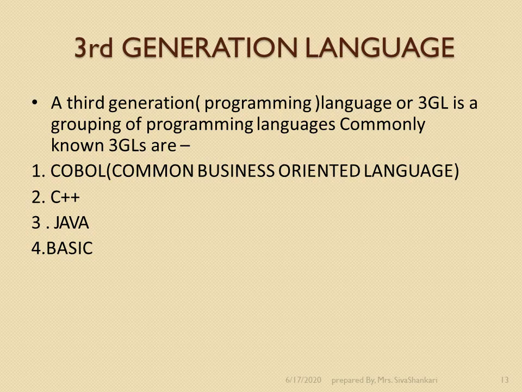In the third generation, they are simply groupings of programming languages. So what are the languages they have used? They used COBOL, C++, Java, BASIC. These languages are used in the third generation. But still, the users were not satisfied with this.